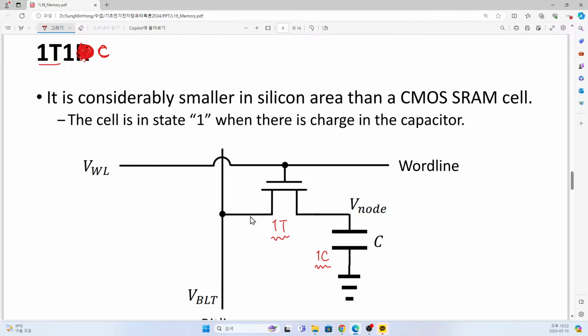DRAM is good for capacity. Please understand this one. It is considerably smaller in silicon area than a CMOS SRAM cell.